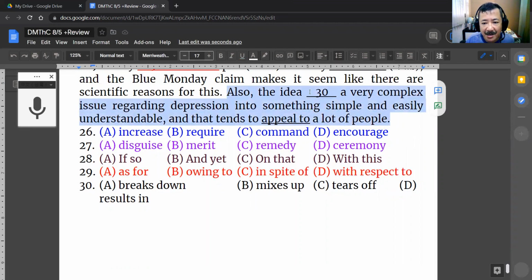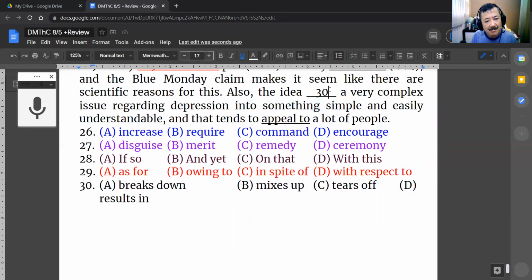Also, the idea something very, okay, now this is very important. Also, the idea 怎样 a very 复杂的 idea, complex issue into something simple. So the idea something 怎样 something very 复杂 into something very 简单, right? I think here I need some kind of word that means change, right?